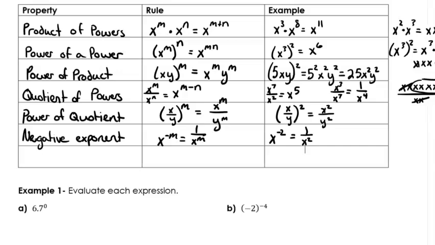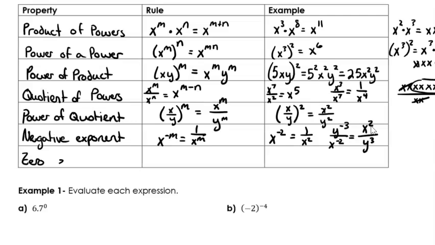So the negative up here in the exponent moves it down to the bottom, and once it moves down, now it's a positive exponent. This can also work if we have y to the negative 3rd power over x to the negative 2 power. The negative 3 power moves y down to the bottom. Notice how now it's positive. And then on the bottom you had x to the negative 2. It moves it up to the top, and so x squared will join the numerator on top, and it is now positive. Once you move it, it's positive.